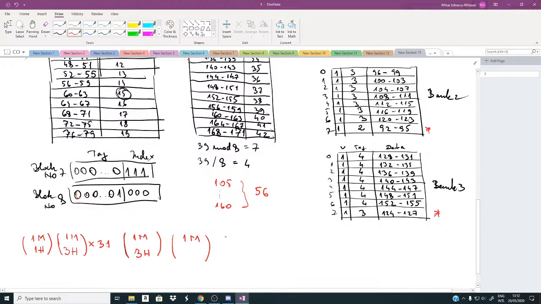And that is times 5, because 5 times we execute 105 through 160. So it's 56 times 5, which is 280. So it's 0 misses and 280 hits.